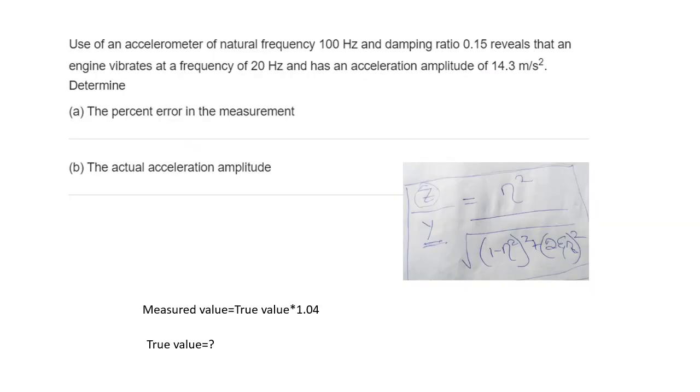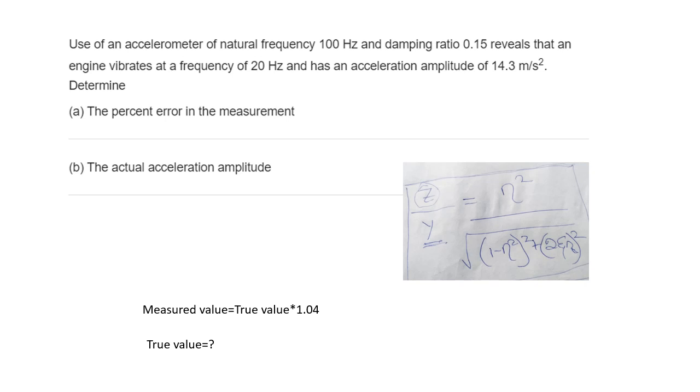So let's look at this numerical where an accelerometer of natural frequency 100 Hz and damping ratio of 0.15 reveals that an engine vibrates at a frequency of 20 Hz and has an acceleration amplitude of 14.3 meter per second square. Find the percentage error in the measurement.